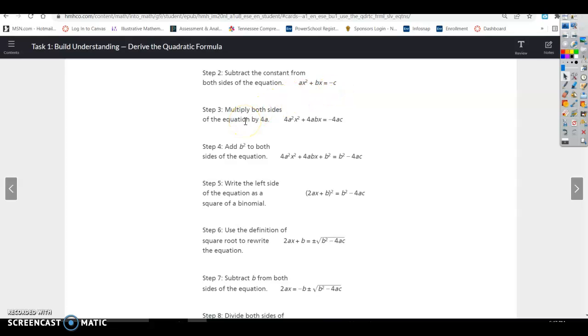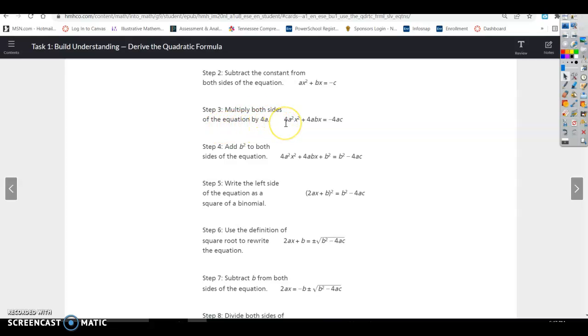Step 3, multiply both sides of the equation by 4a. What I want to do is multiply this by something to make my coefficient of x squared a perfect square. So I'm going to multiply both sides of the equation by 4a.